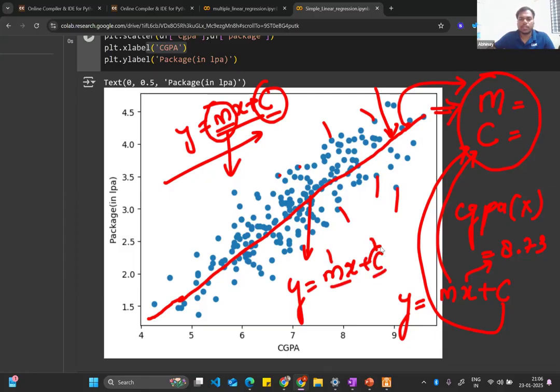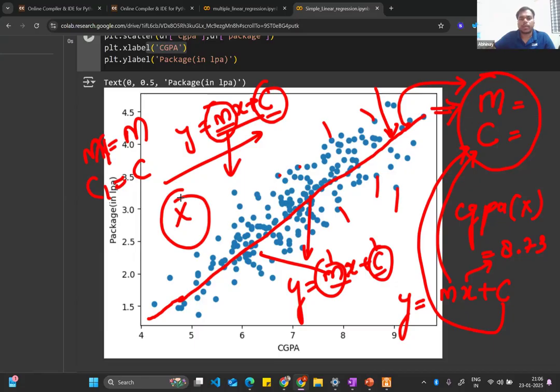Once we get these values, just store them in some variable, maybe m1. M1 will store your m value, and c1 will store your c value. Whenever a new person comes, he just gives you the x value and wants to know what will be my package. Just use these two variables, put them in this equation and find out the value of y.